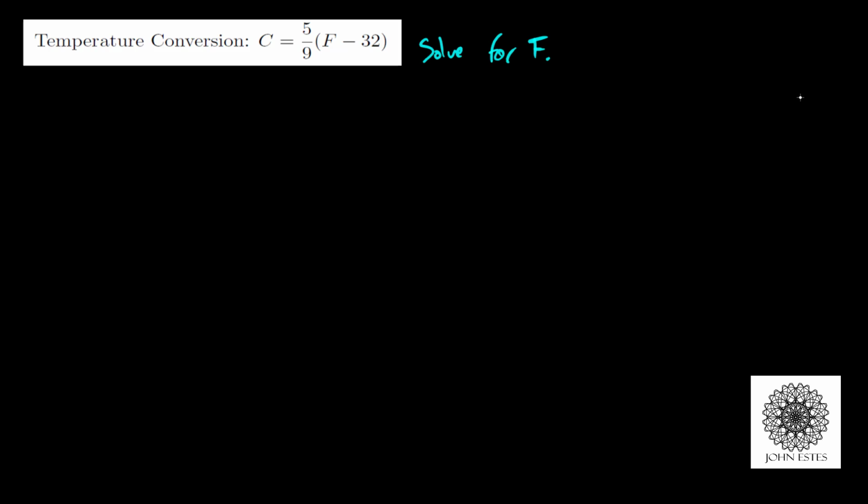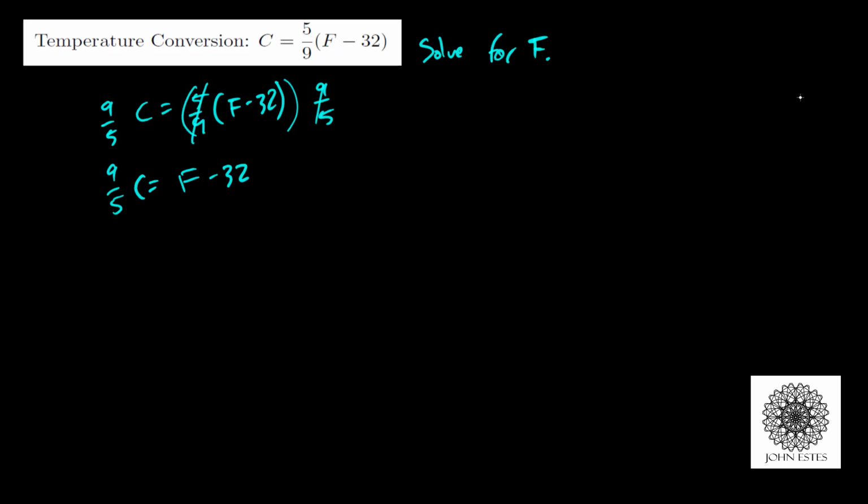To do that, first I need to divide both sides by 5/9. Now remember, dividing by 5/9 is the same as multiplying by the reciprocal. Dividing by a fraction is the same as multiplying by its reciprocal. So I'm actually multiplying both sides of the equation by 9/5. So I have 9/5 C equals F minus 32.